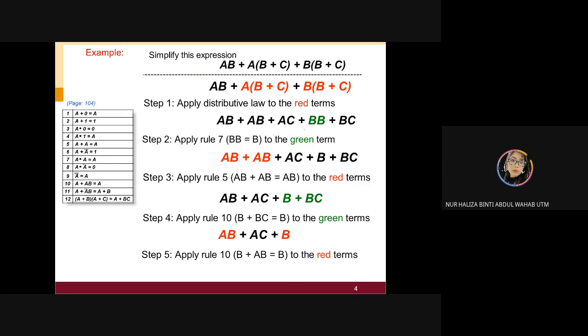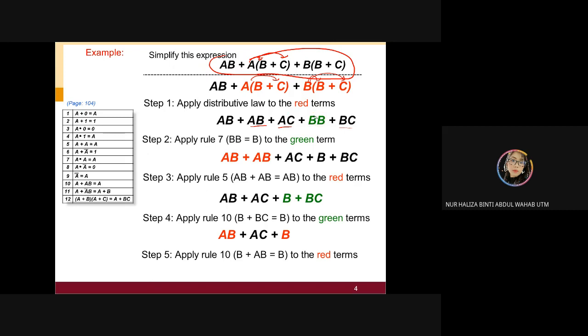Of course, for the first time you were given this, right? So you're going to make it AB, and then multiply with AC, and then B plus B, you're going to get BB, and then multiplying you get BC.